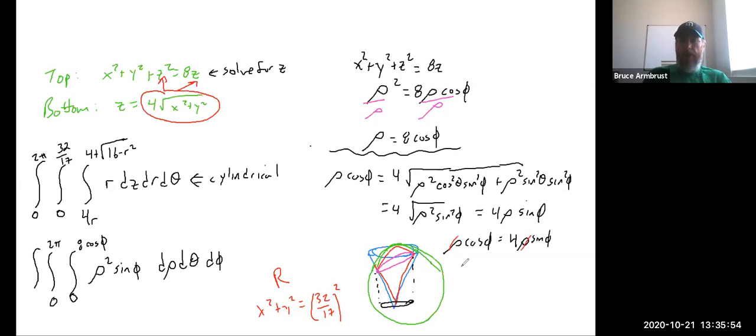And so I get that the tangent of phi is 1/4, which means phi is the inverse tangent of 1/4. So in terms of the angles on phi, it's going to go from 0 to inverse tangent of 1/4. Oops, that looks more like a 7 or a 9. Let me erase that and make that a little bit better.